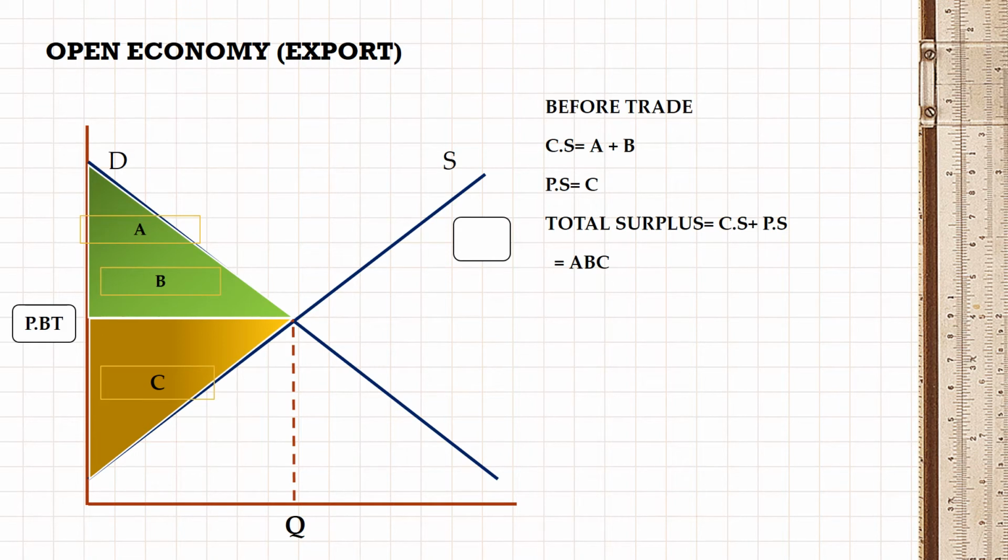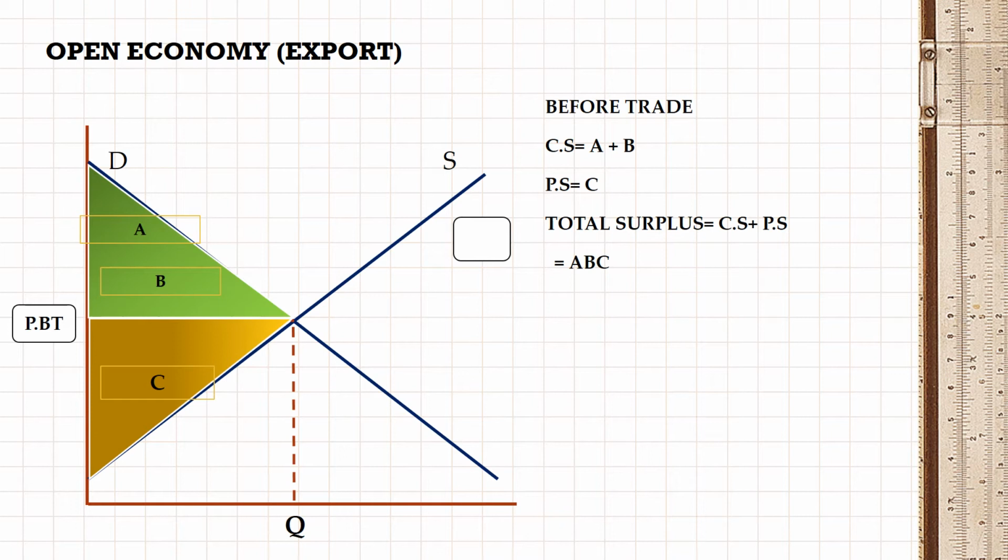Suppose policymakers choose to open trade, as in allow international trade for free. International trade for free means you can import and export with other countries without any trade restriction or trade barriers like an embargo, a tariff or a quota.